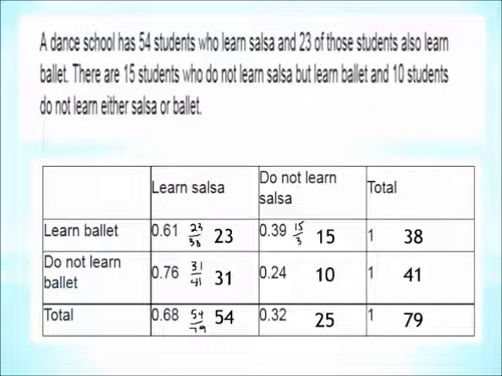Here it would be 15 divided by 38, 10 divided by 41, and 25 divided by 79. Of course, these are not written in percentages. You would actually convert it to 61%, 76%, 68%, and so forth and so on.